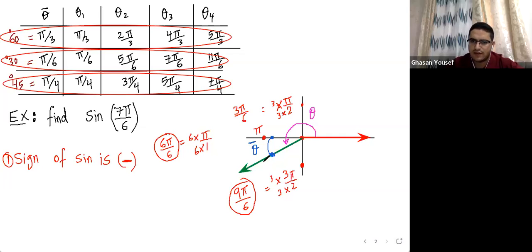Why? Because the angle ends in the third quadrant, so the sign must be negative. Now, second step: what's the reference angle? Going back here, 7 pi over 6 is in the third quadrant, so this is correct as we find it.